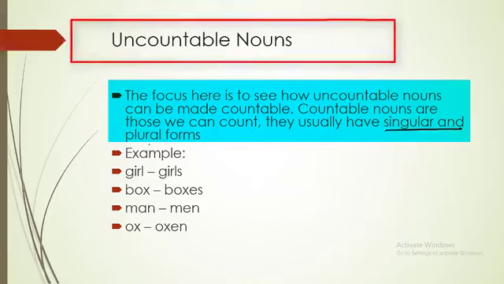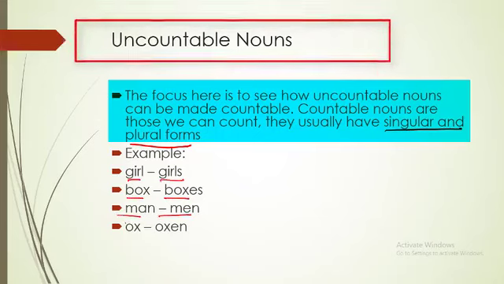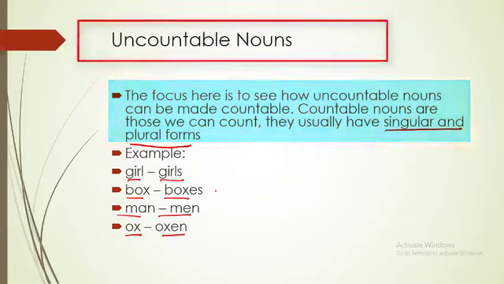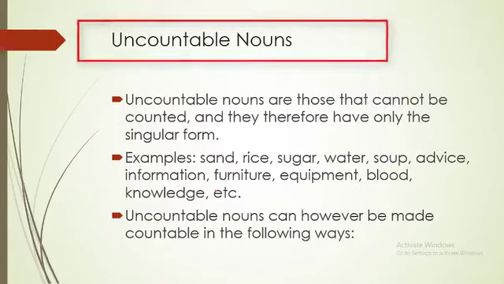For instance, a count noun girl can take a plural form, girls. Box, boxes. Man, men, not mans. Ox, oxen. So those are count nouns. You can itemize them. They can take numbers. That is, they can be singular and they can also be plural.